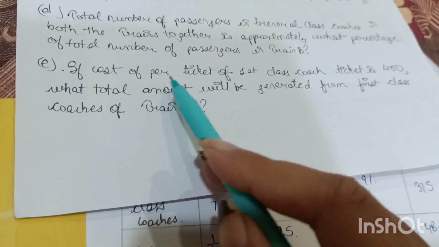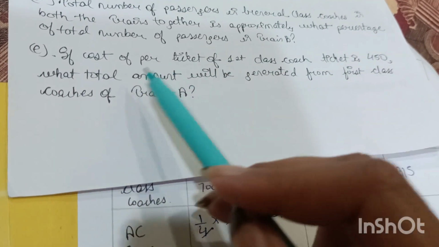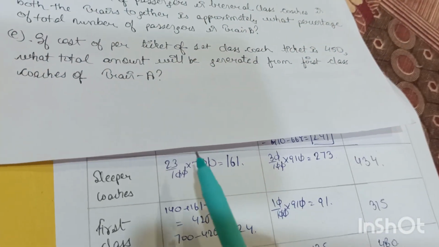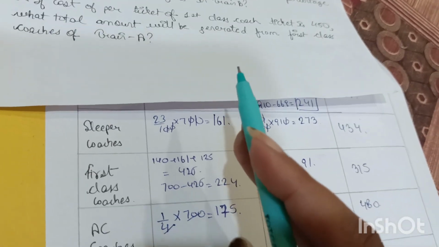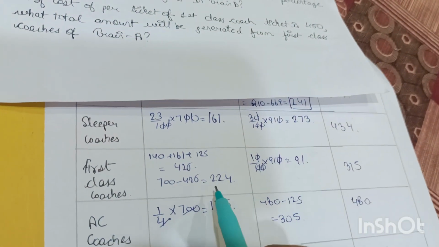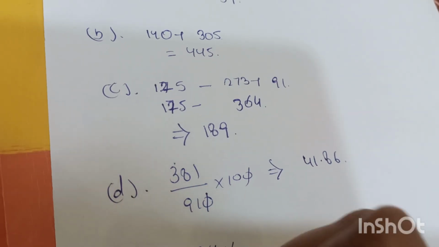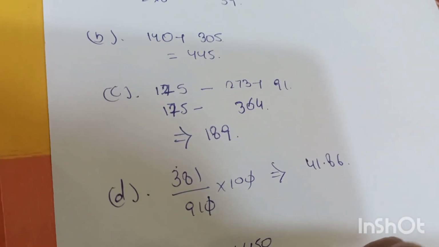If the cost of a first class ticket is 450, what is the total generated from train A? So what is the total value for first class? It is 224, and the cost for one ticket is 450. So to find the cost for all of these we have to multiply: 224 into 450. You will get the value as 100,800.